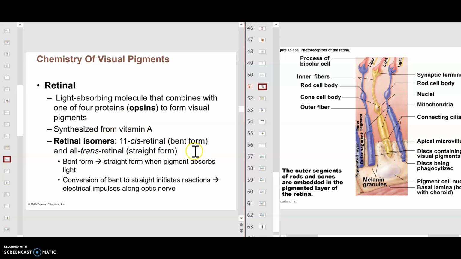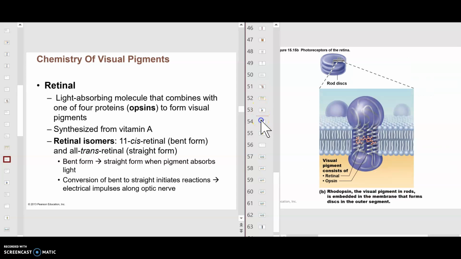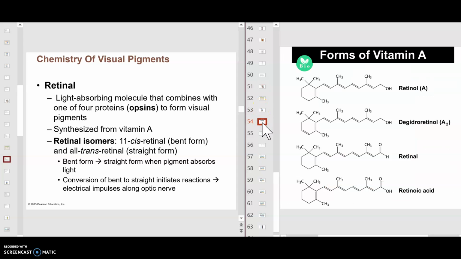It's synthesized from vitamin A. So let's look at that. Here's vitamin A, known as retinol. Through an enzymatic reaction, here would be retinal. Retinol is vitamin A. Here's retinal, which is the pigment substance.